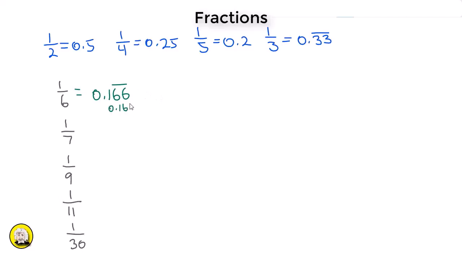And then if I needed to find something like 5/6, I could either multiply that value by 5 or note that it's 1 minus 1/6. And that in turn is 1 minus, I'll use my rounded estimate, to become 0.833.